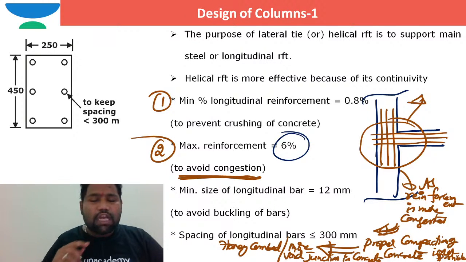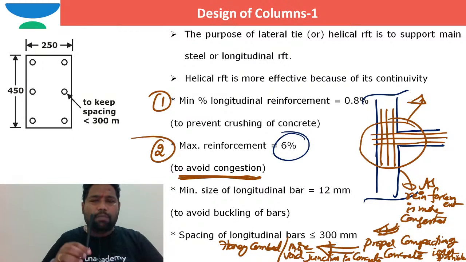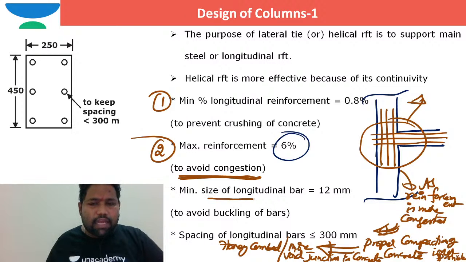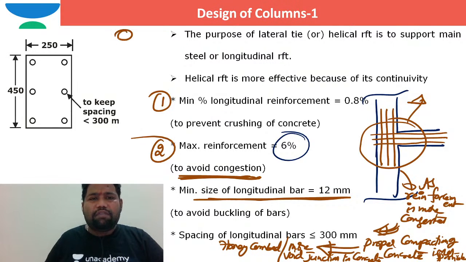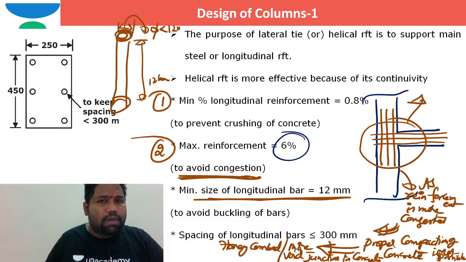Now some people will ask, sir, what is the minimum size of longitudinal bar I need to use in columns? The minimum size of longitudinal bar is 12 millimeter. Why do I need to provide this minimum diameter? If the diameter of the longitudinal bar is very less, and the length available in the market is maybe 12 meter, and the diameter is less than 12 millimeter, then the L by D ratio will increase.